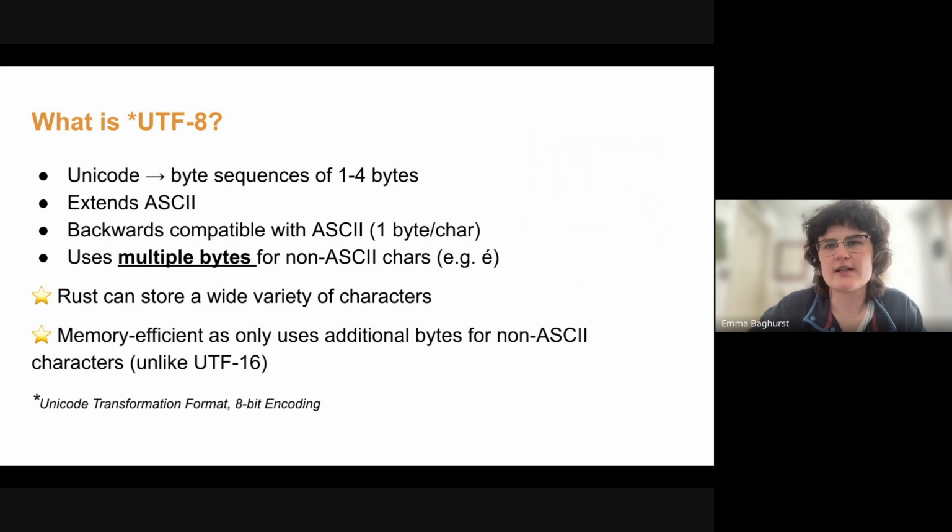But two of the major advantages of this are that Rust can store more characters than if you were to use ASCII, and UTF-8 in particular is quite memory efficient because you're only using additional bytes, so additional memory, when you have non-ASCII characters. Other encoding systems use additional bytes when they don't really need to. So it's really emphasizing memory efficiency.